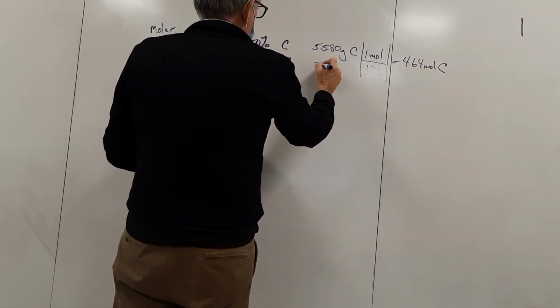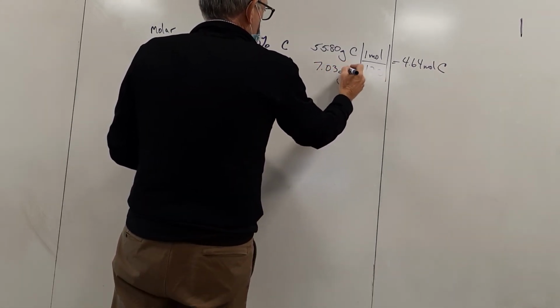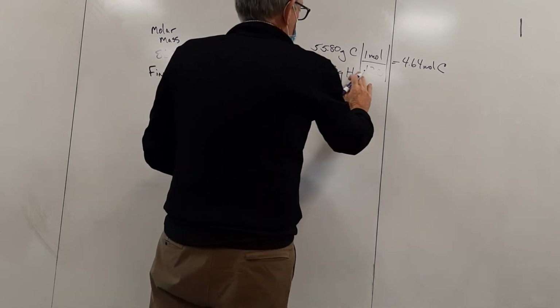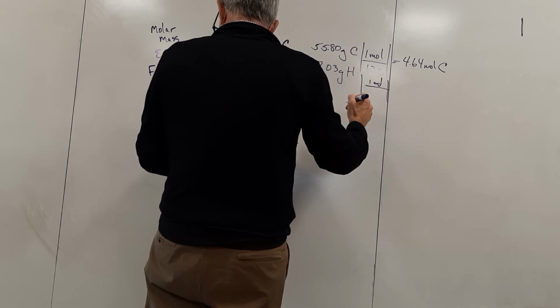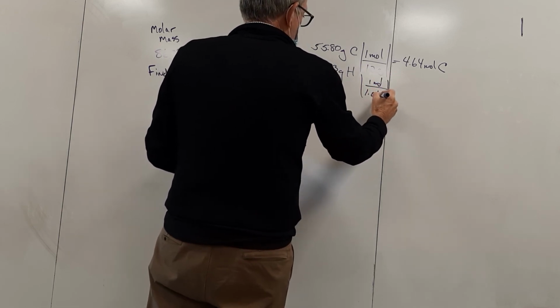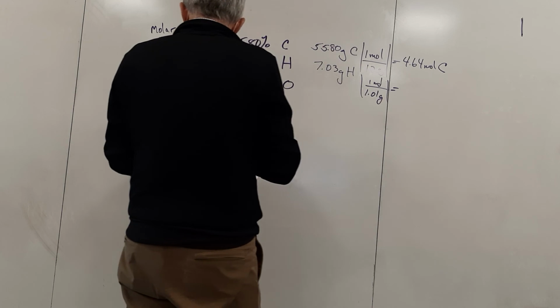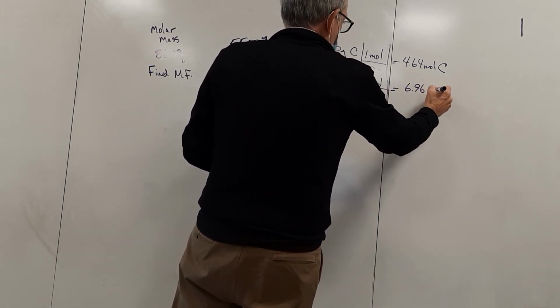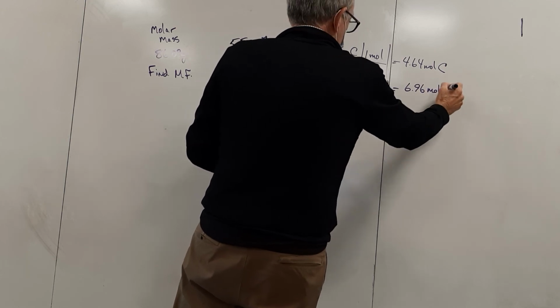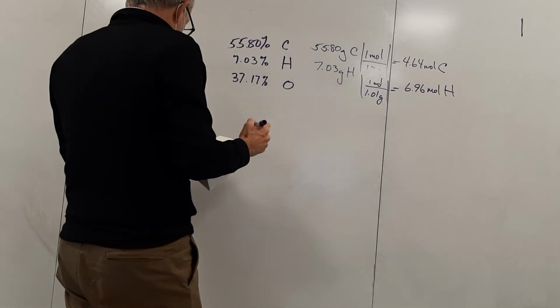Hydrogen, 7.03 grams of hydrogen, multiplied by 1 mole over 1.01 grams, gives me 6.96 moles of hydrogen.